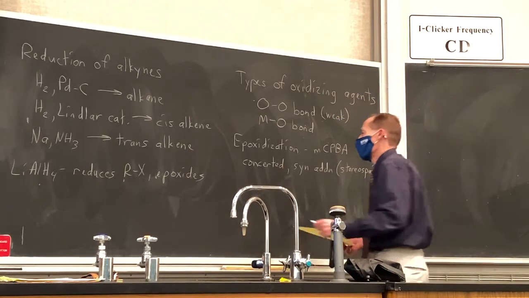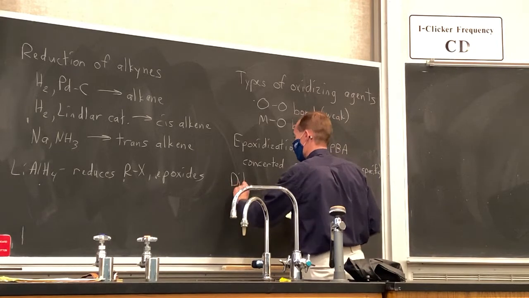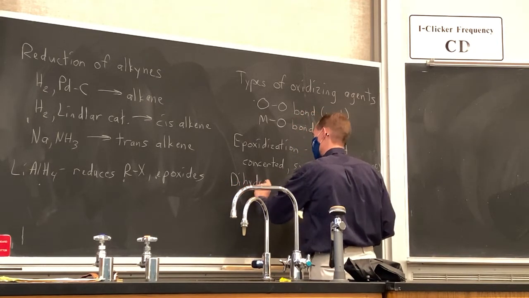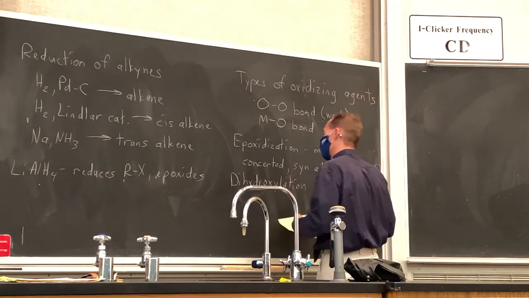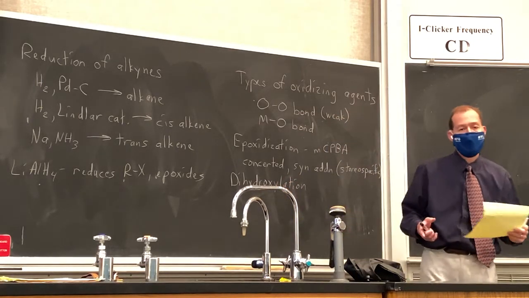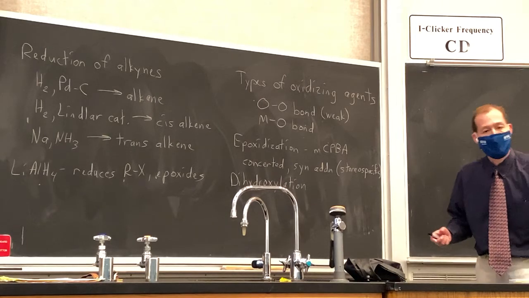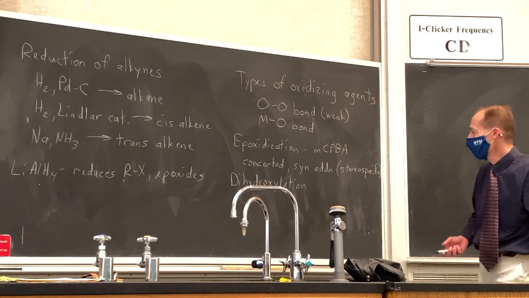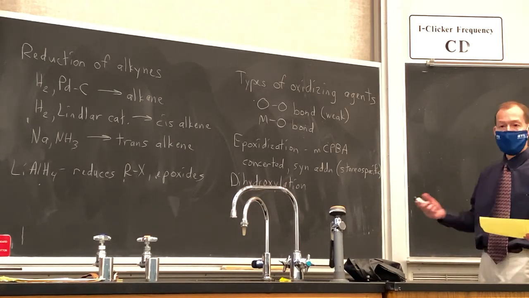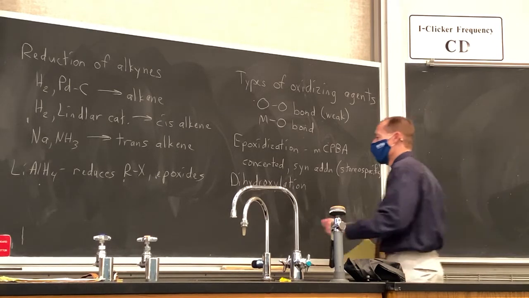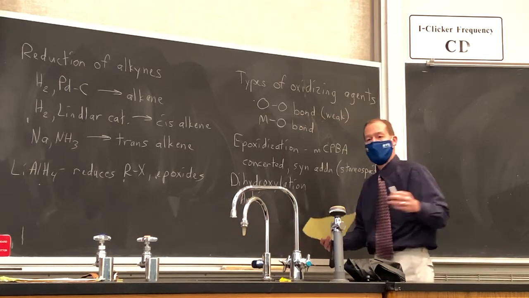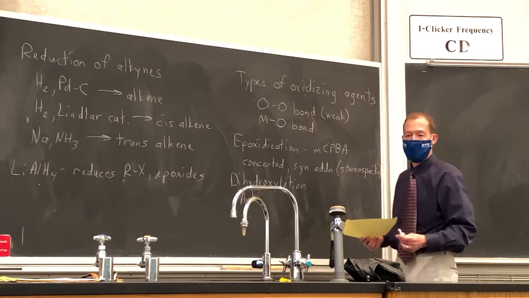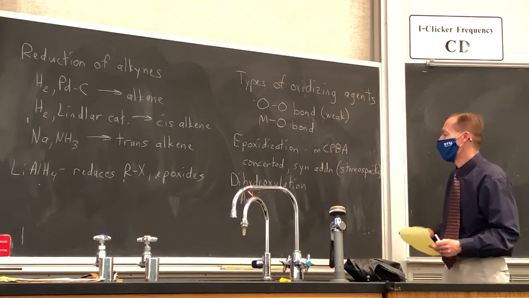Then our next oxidation was the dihydroxylation. This is where we are adding two OH groups, one to each of the carbons of our alkene. And there were two ways to perform a dihydroxylation. We could perform a dihydroxylation with anti stereochemistry, and that's a two-step process.